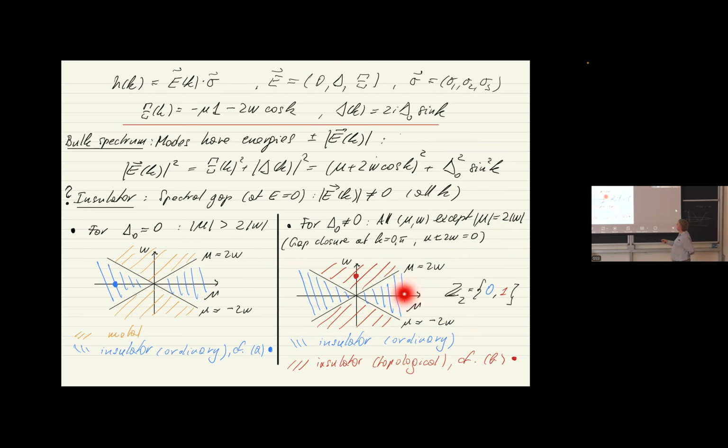So you have this blue region, which is an insulator, and we infer from the situation over there that if we just make a slight positive delta, an open gap is a stable thing, so it will remain an insulator.